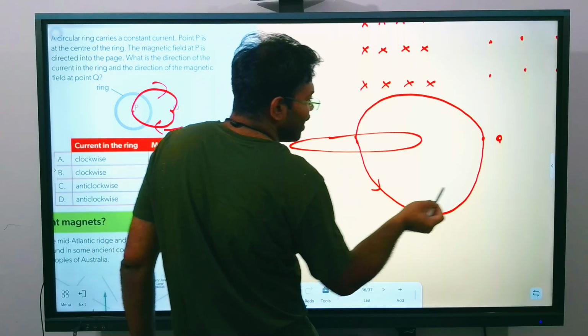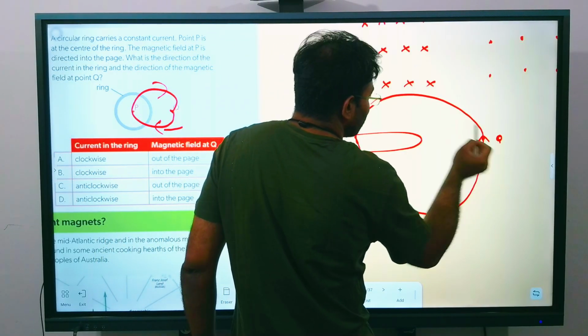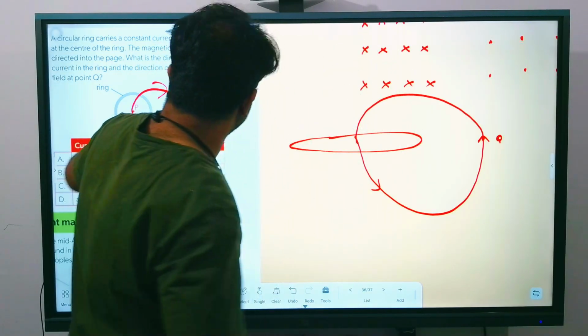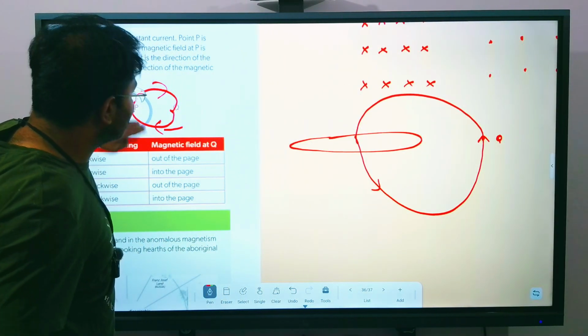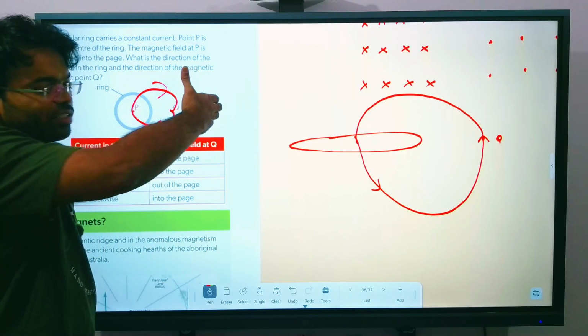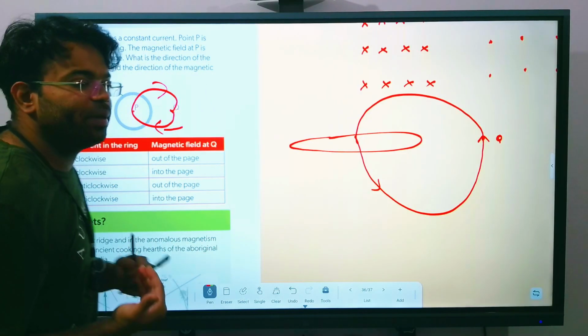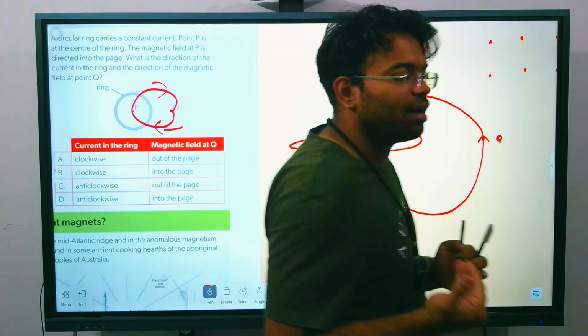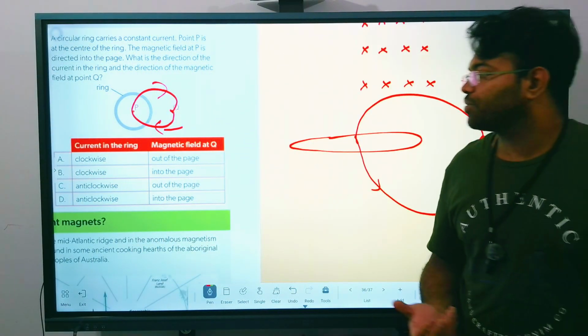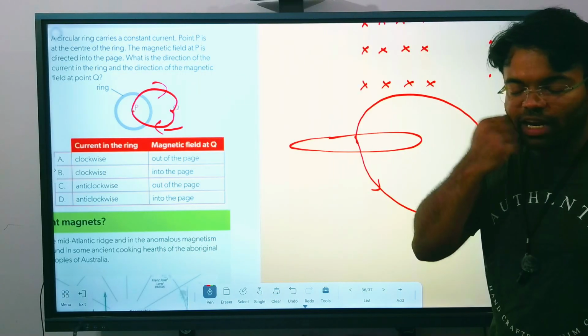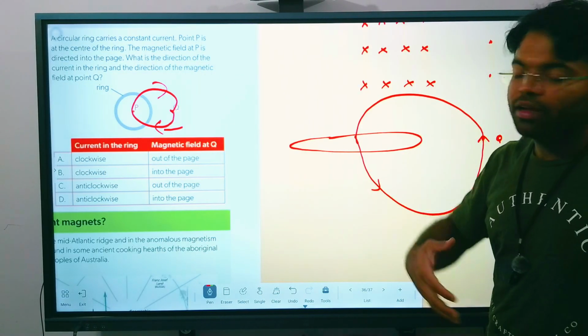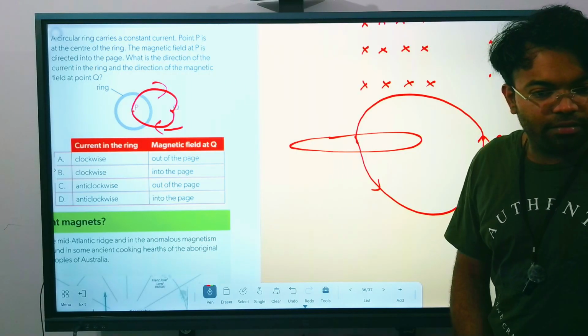It is going inside and it is coming outside. Therefore, Q will experience a magnetic field in the outward direction. Okay. It is very difficult to show these in two dimensions, but I hope you understood that.